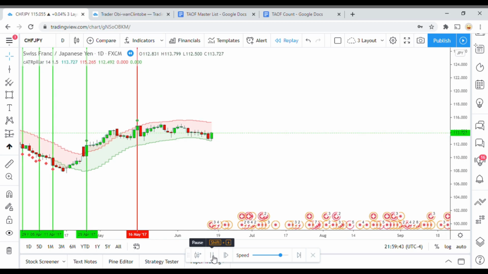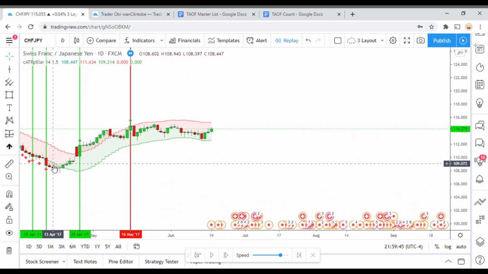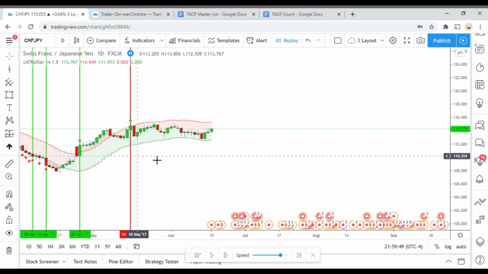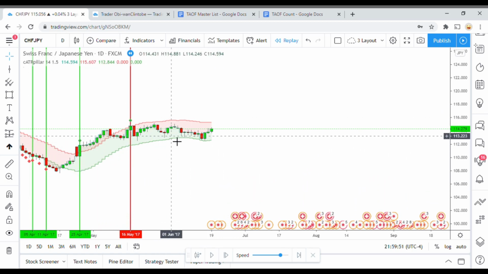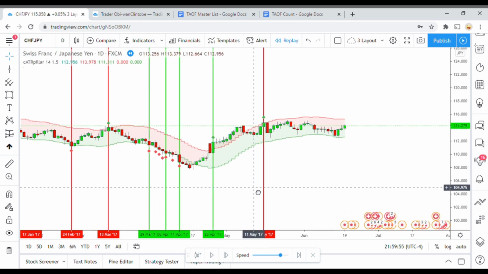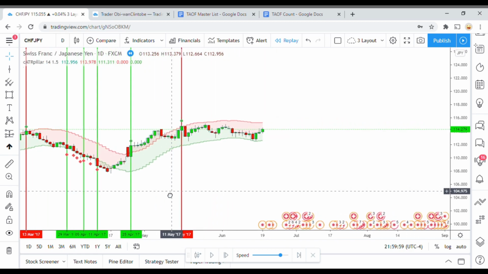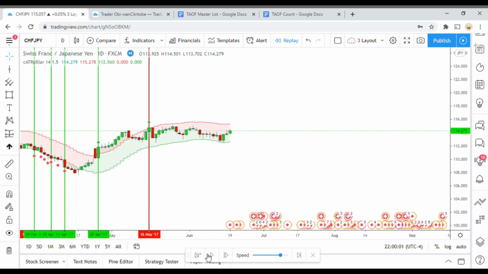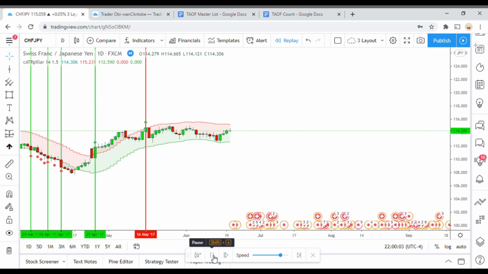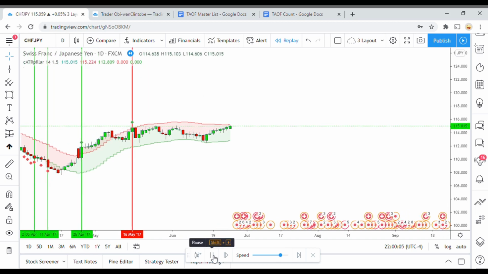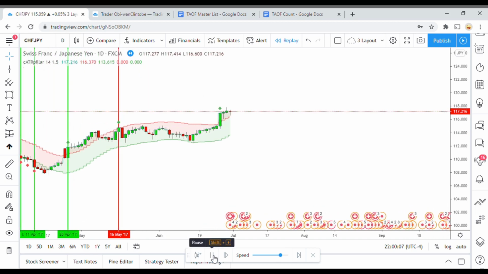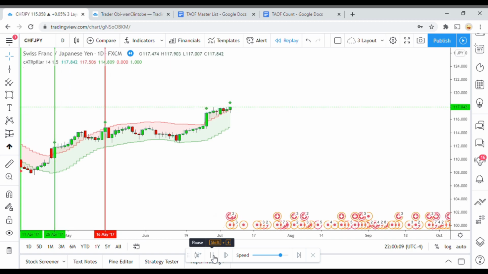All right, moving on here. This one seems interesting, but it does seem like it has some flaws to it. But that's not to say it can't be adapted into filtering out ranging markets.